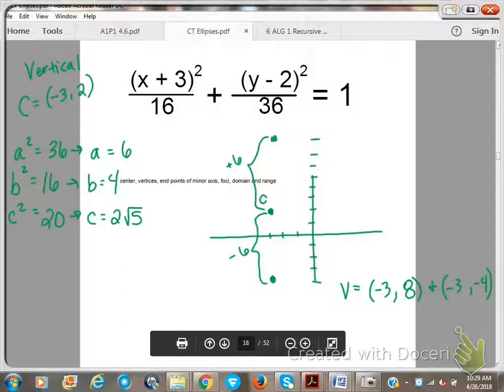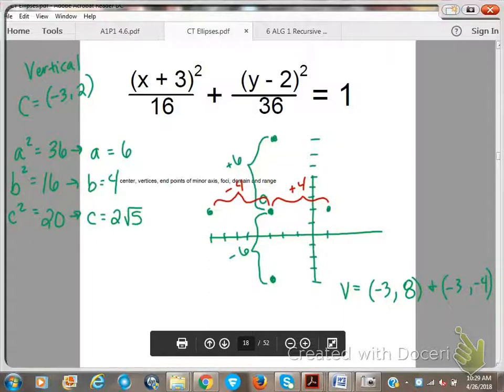To get our endpoints, Tiffany, how far left and right do I need to go? 4. Good. So 1, 2, 3, 4. And then 1, 2, 3, 4. So we added 4. Okay.